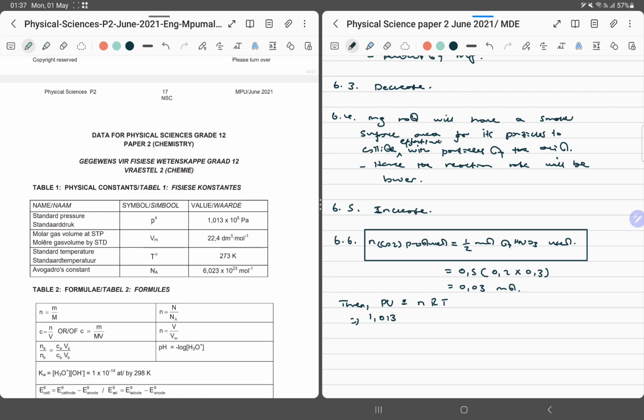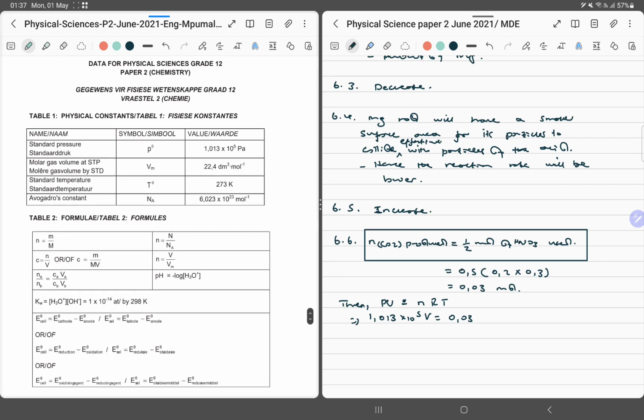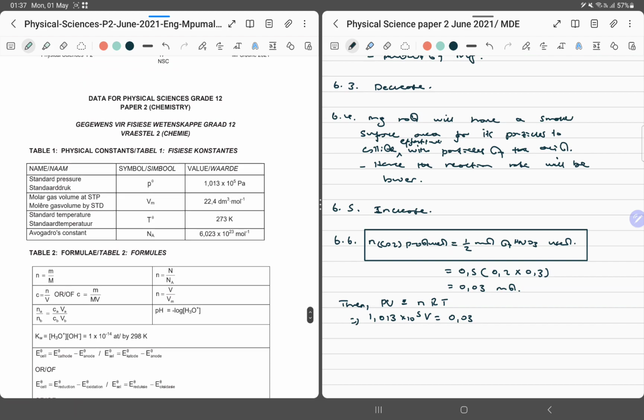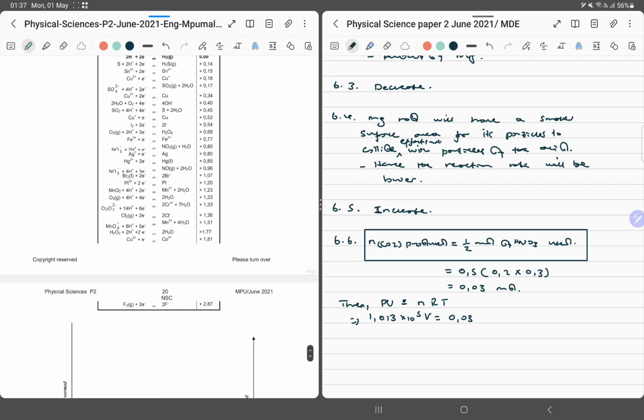1.013 times 10 to the 5 into the volume, which is what we want, equals the number of moles, 0.03, times the general gas constant. Do we have it here? I'd be dead if they didn't put it here, because I don't remember it by heart.